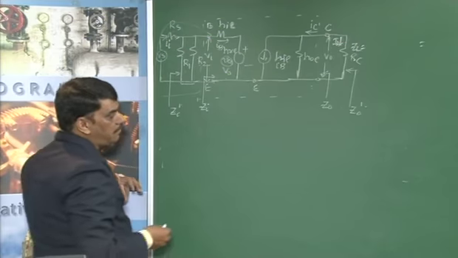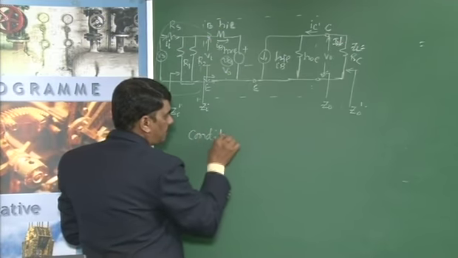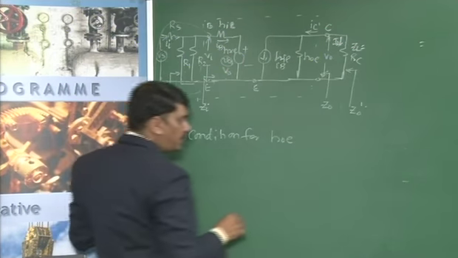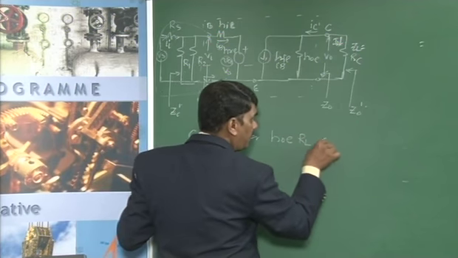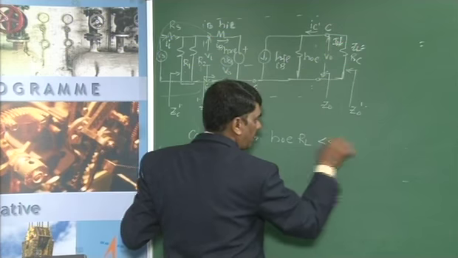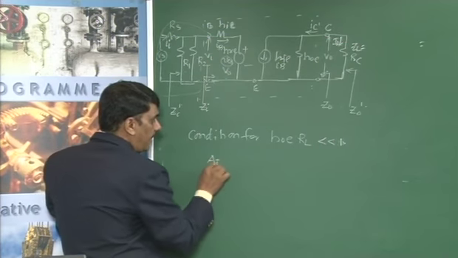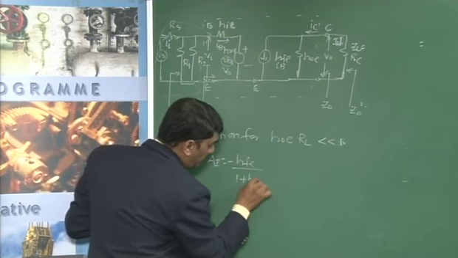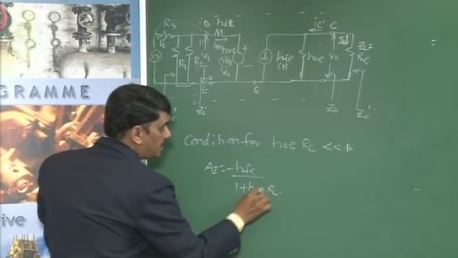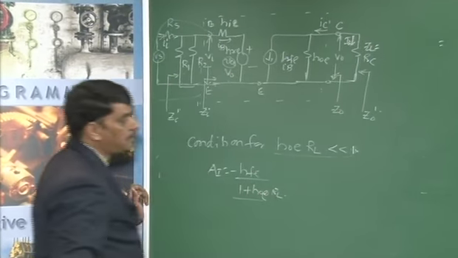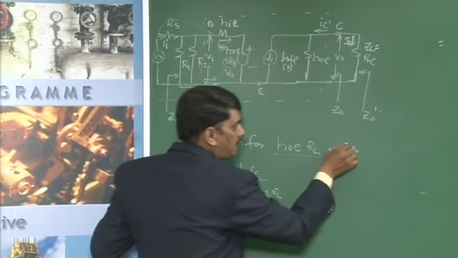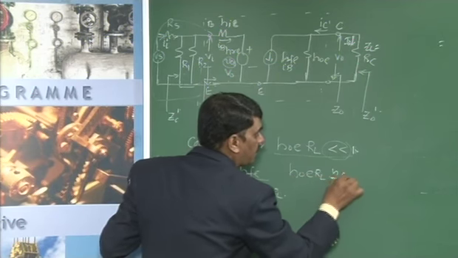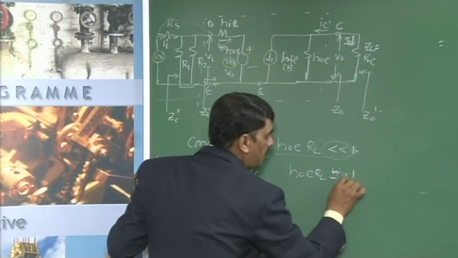Means the condition for approximate analysis is HOE into RL should be much less than 1, because we know that the current gain AI is given by minus HFE divided by 1 plus HOE into RL. If HOE into RL is much smaller than 1, this implies that you can remove the inequality sign by substituting HOE into RL approximately equal to 0.1, or 1 divided by 10.